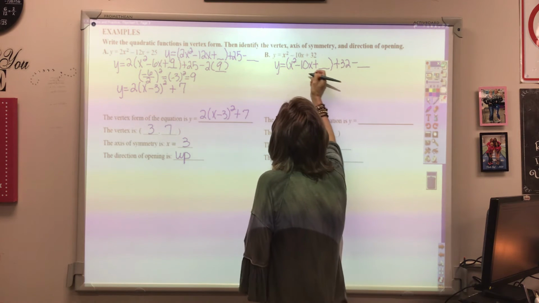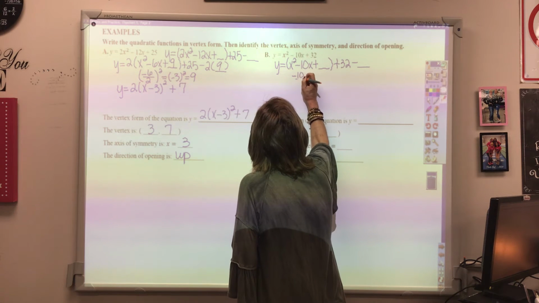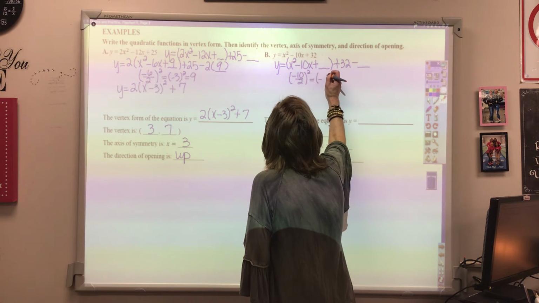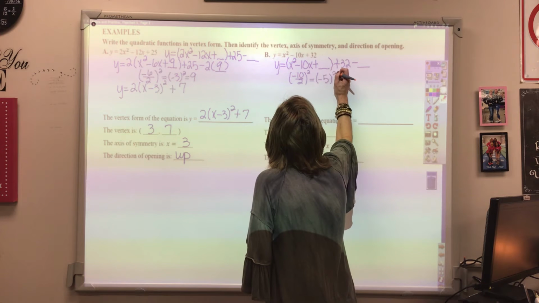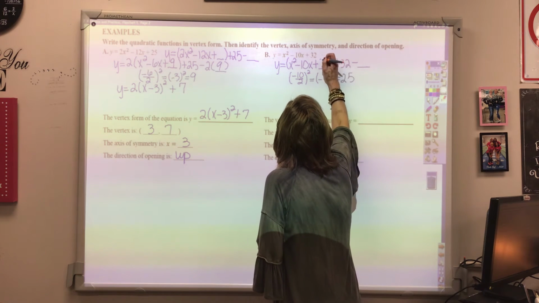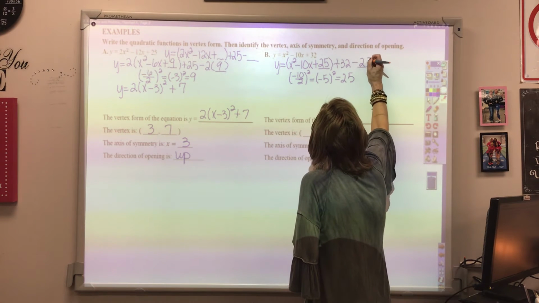So to get the blank, we take the negative 10, we divide it by 2, and we square it. So that would equal negative 5 squared, which is 25. So we're going to add 25 and take away 25.